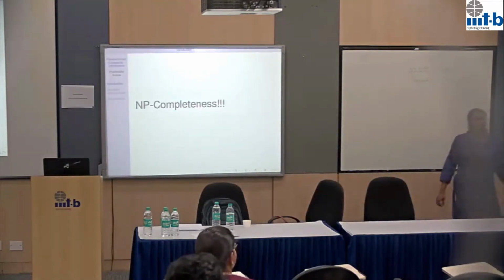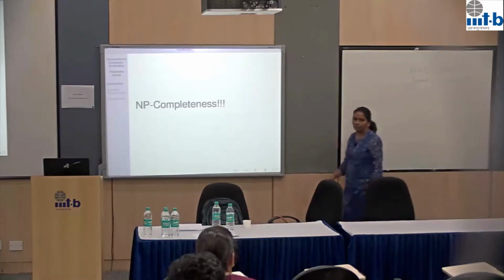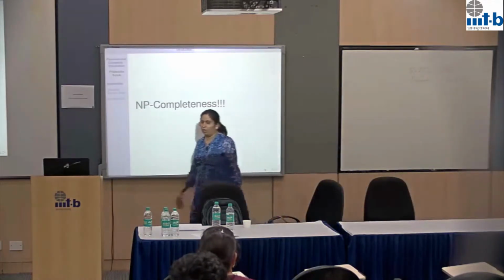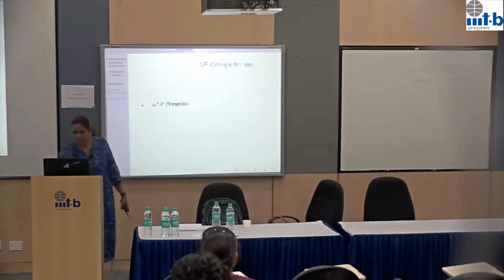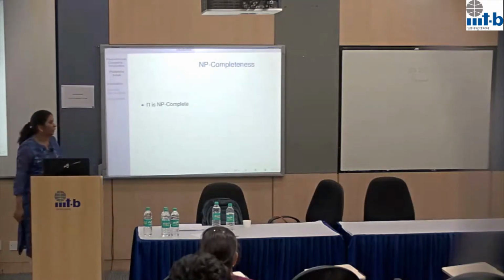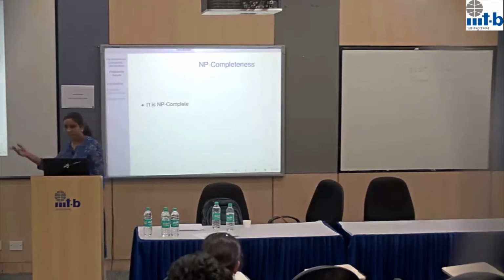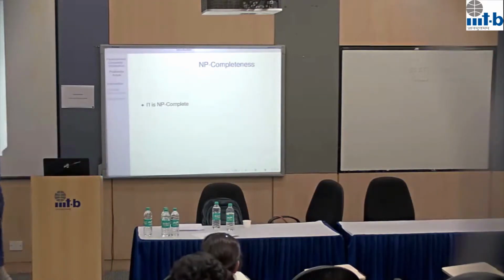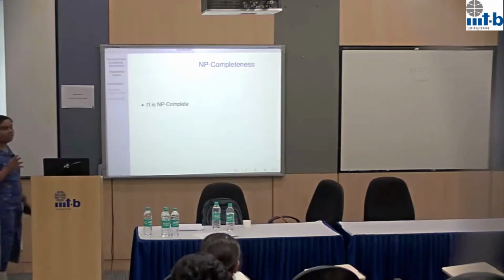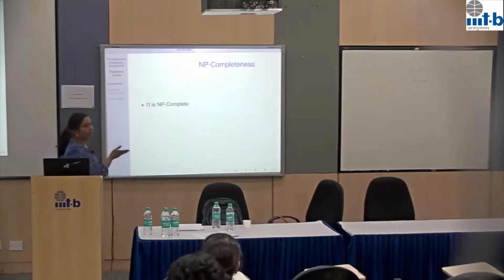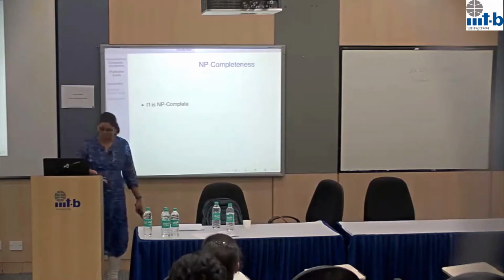I'm sure all of you know what NP completeness means, or what it means to say that a problem pi is NP complete. Of course, there are definitions of what the class NP is and so on. But what is the immediate implication of saying that the problem is NP complete?